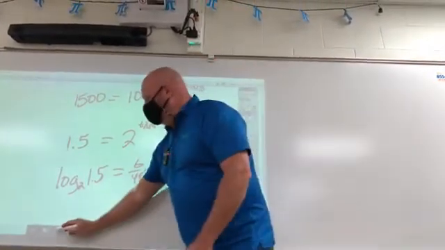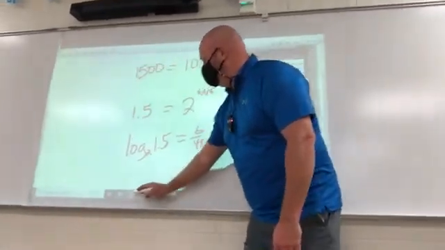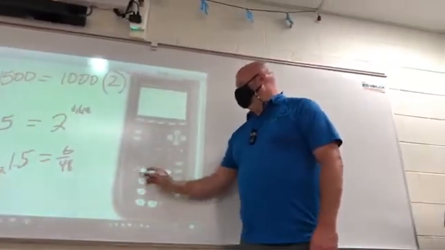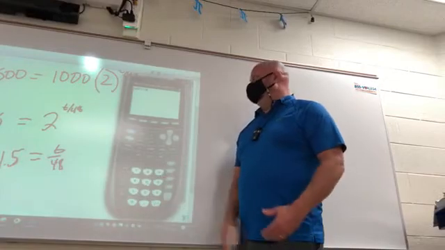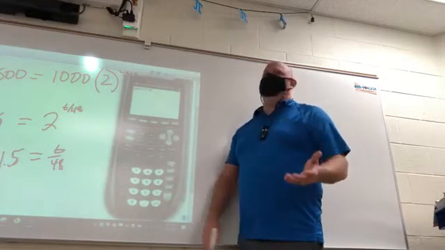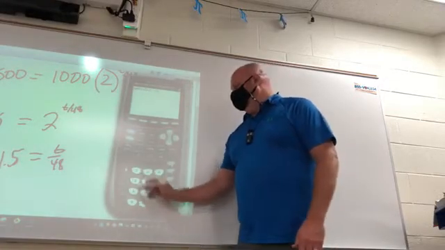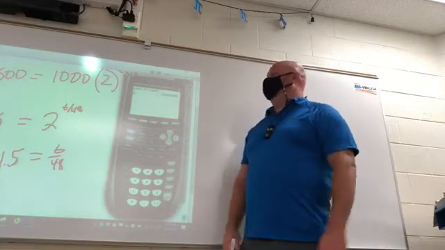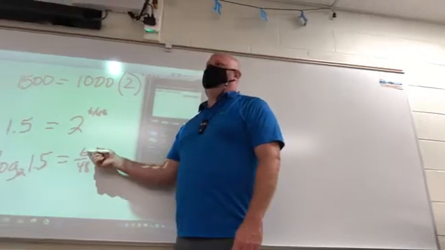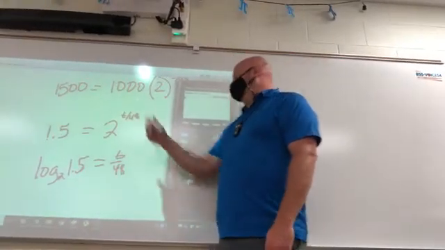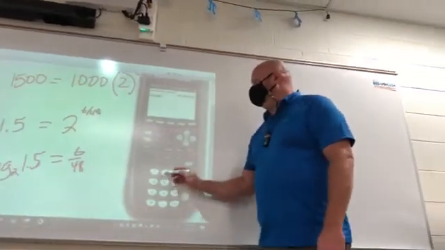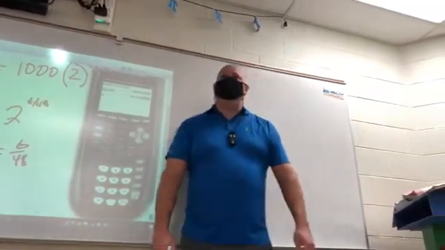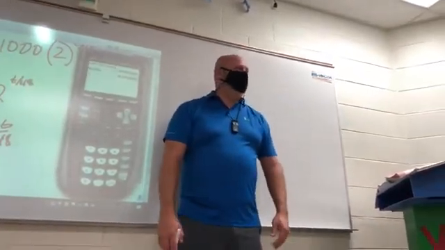I can calculate that log as log of 1.5 divided by log of 2, right? What's the only thing I have left to do? How do I get rid of that 48? Times that by 48. My answer would be 28 years or 28 weeks, whatever the problem is. Does that make sense?